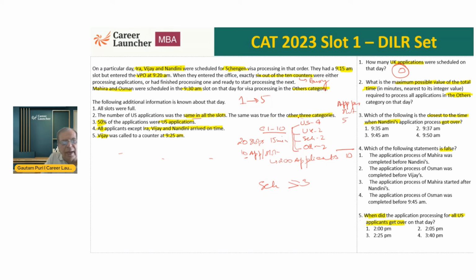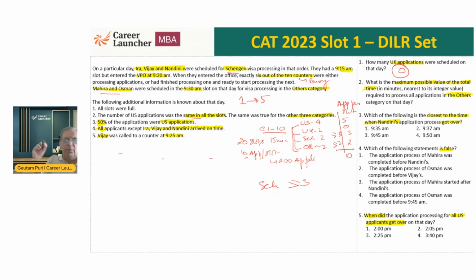The same is true for each of the other 3 categories. Vijay and Nandini are for Schengen visa. That means in each slot there will be at least 3 people for Schengen visa, so Schengen is going to be greater than or equal to 3. Similarly, Mahira and Usman are for others, so others has to be greater than or equal to 2 in each slot. If I look at the minimum of these two, that's just 5, and US is 5. That means UK has to be 0. Schengen has to be 3 applications per slot, and others has to be 2 applications per slot.